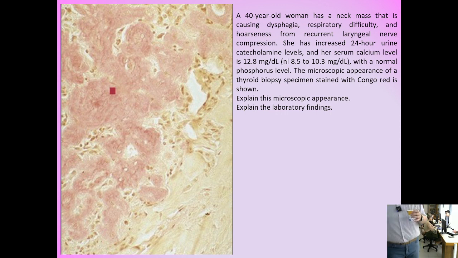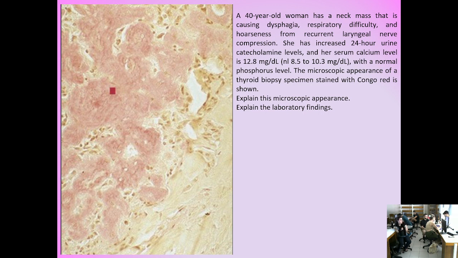Next, her serum calcium level is increased. You see? Here are the normal limits, and this is 12.8. So when we have hypercalcemia, what do we think? Which gland is to be examined? The parathyroid gland.